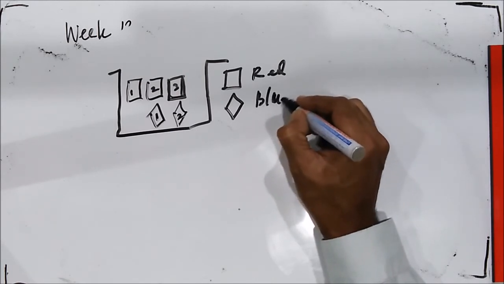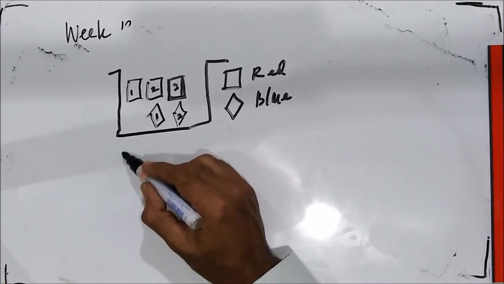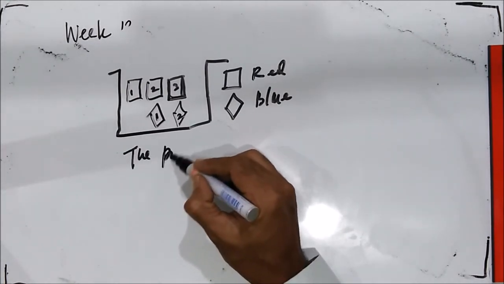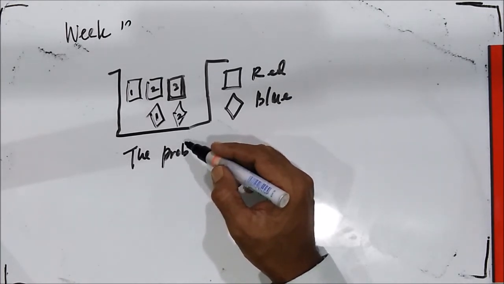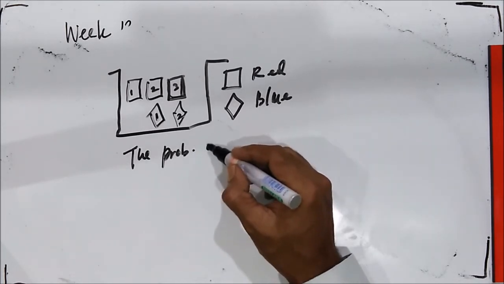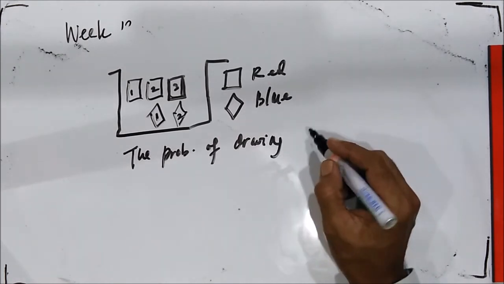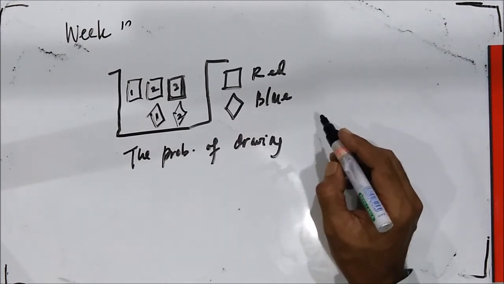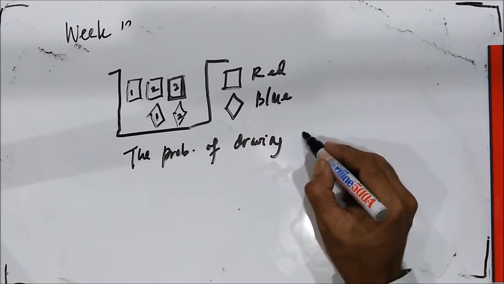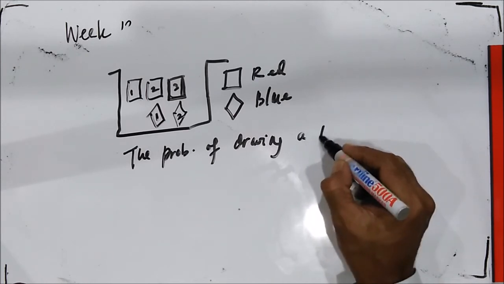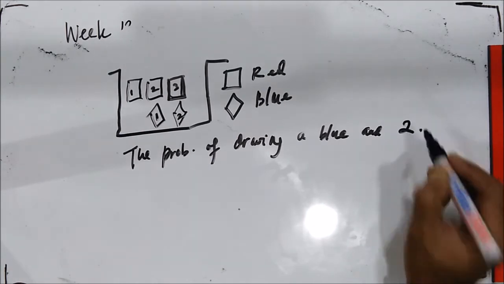So I want to find the probability of getting blue and number 2.